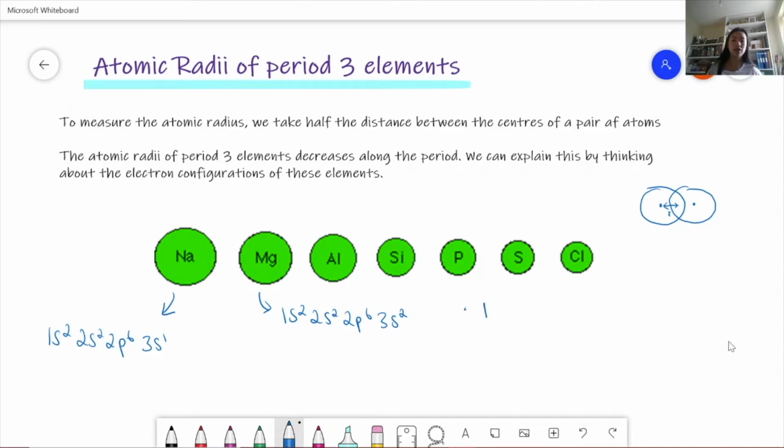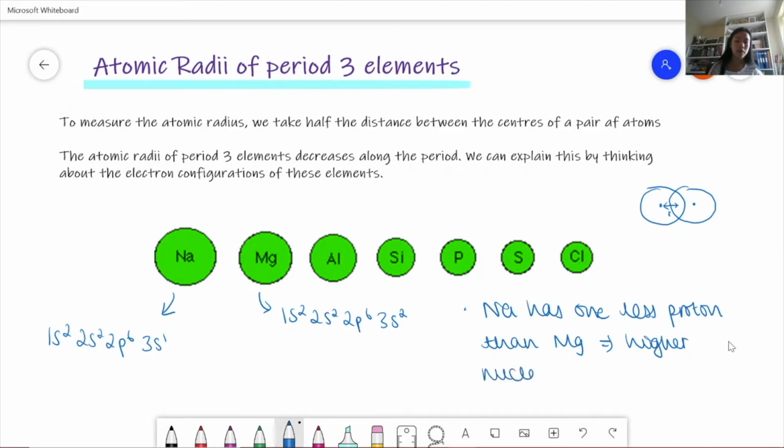So sodium has 1 less proton than magnesium, and so magnesium has a higher nuclear charge. And so what that means is that the outer electron shell is more attracted to the positive nucleus, and so it pulls it in and the atomic radii decreases.